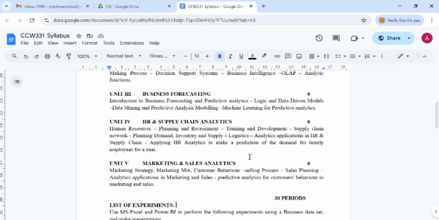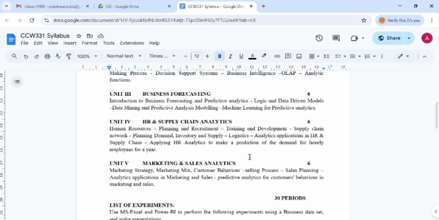And next is the fourth unit. In the fourth unit, we are going to deal with HR and supply chain analytics. In each and every business, we'll have human resources, and we are in need of human resources and supply chain. We used to have various raw materials that are transported as logistics between companies, and after manufacturing, the product has to reach the client. For that, we are going to focus on this unit.